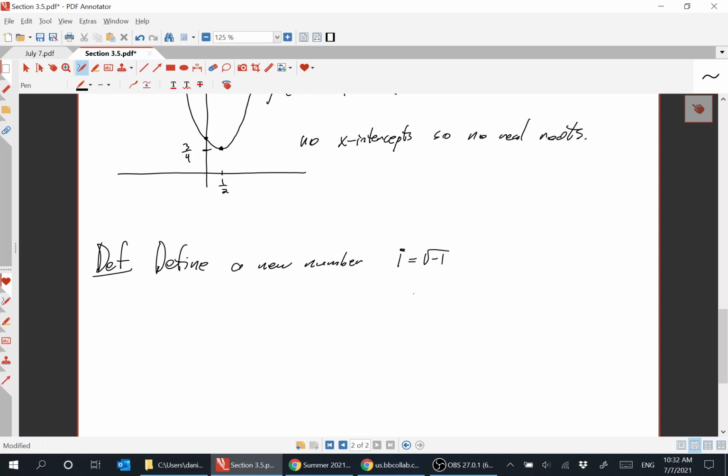Now, one can make up a number and make up all kinds of things and talk about those things, but the question is, is it a worthwhile idea? And this is a question of aesthetics, right? What makes an idea worthwhile? If the idea says something nice, if it tells a nice story, if it solves practical problems.